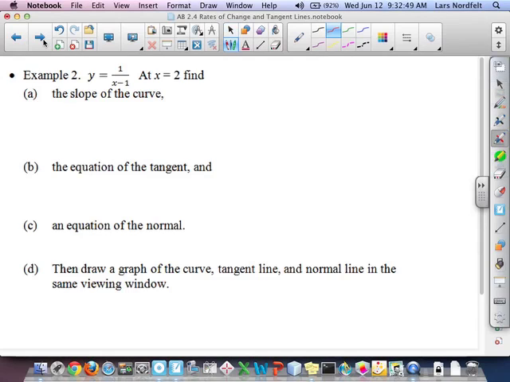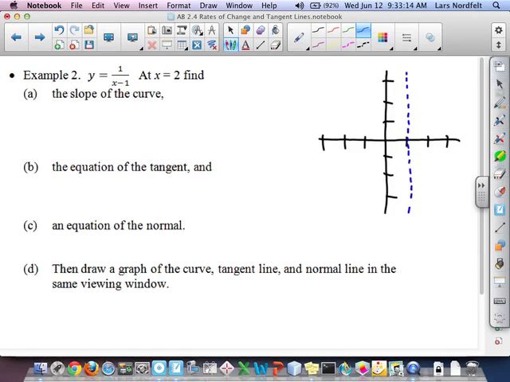So we're talking about this curve is going to go through this point, 2, 1.